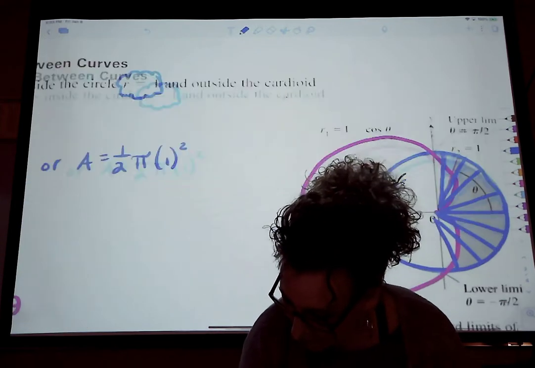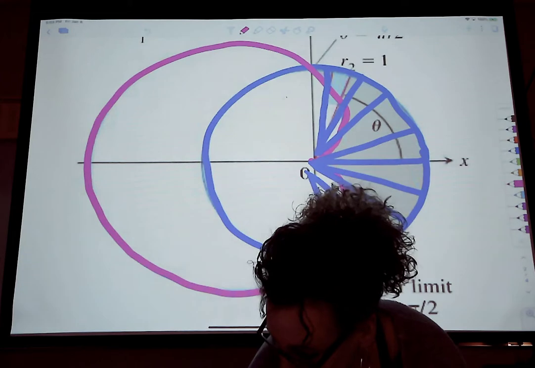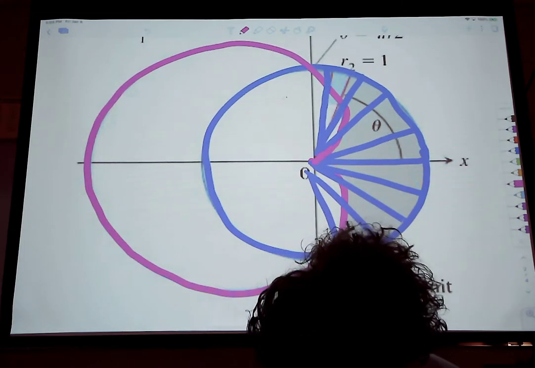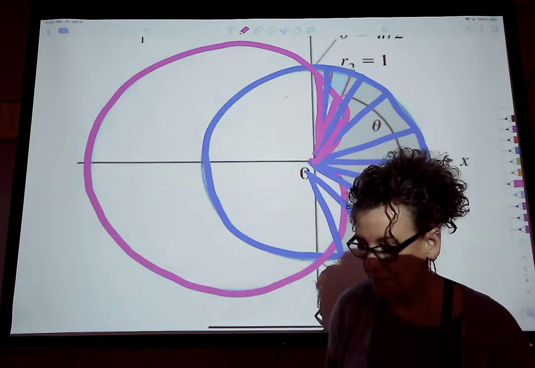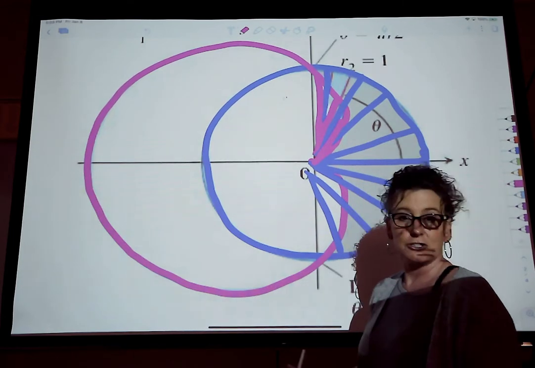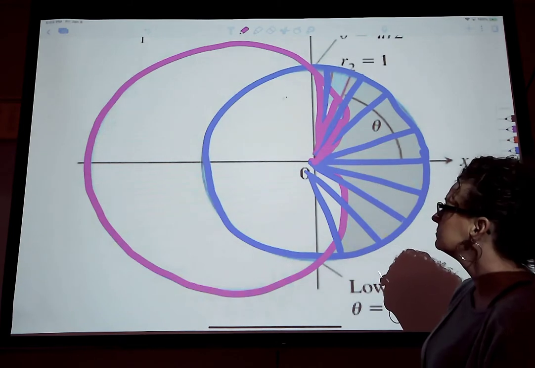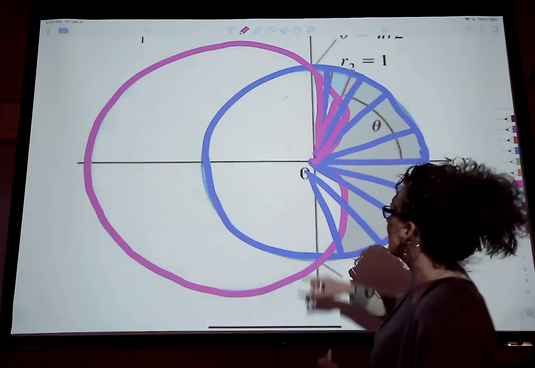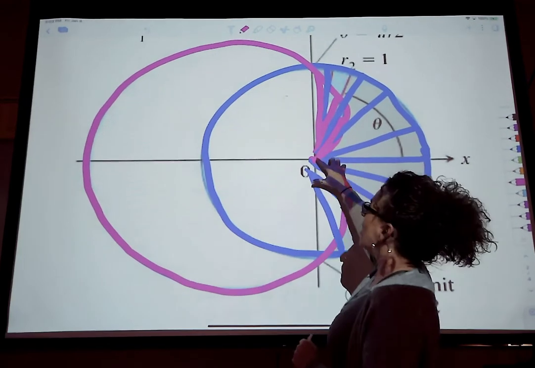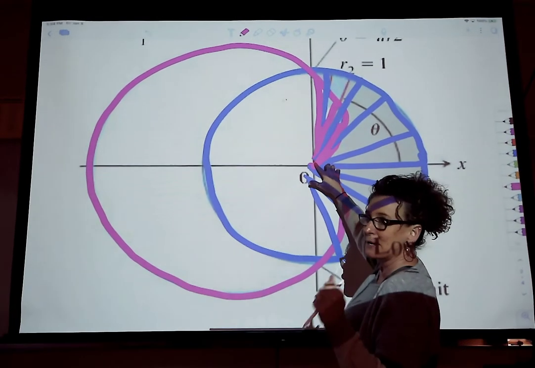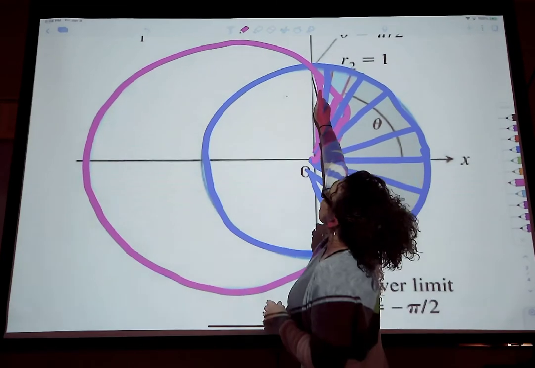Okay, so after we get all that blue, we're going to need to subtract the pink. So the pink is going to go here, here, here, here, and stop. I could just do that and double it. If you watch, the pink graph starts here and goes around. So I know I want to start my pink area at 0, but where do I stop it?